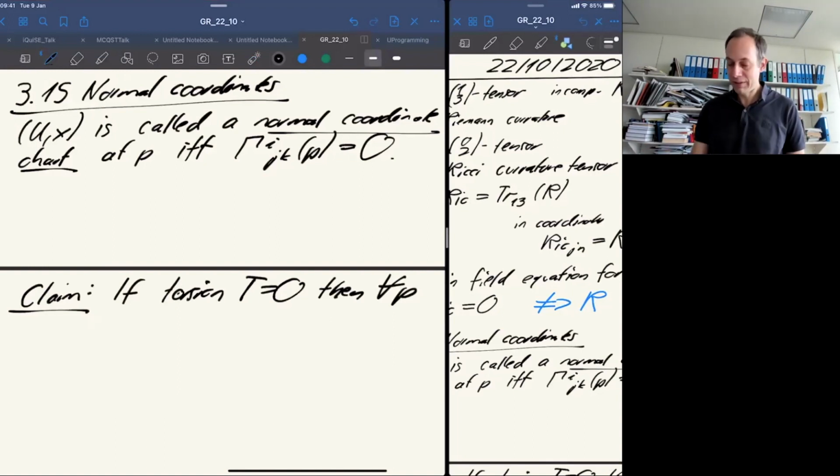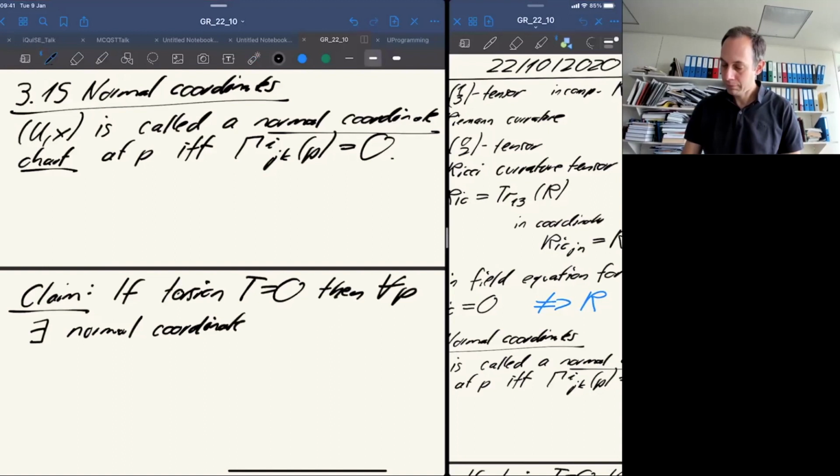So the torsion of the differentiable manifold is 0, and the point P is an element of the differentiable manifold. Then for all points, there exists a normal coordinate chart at P.